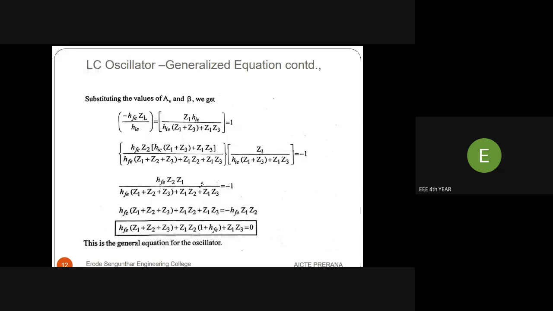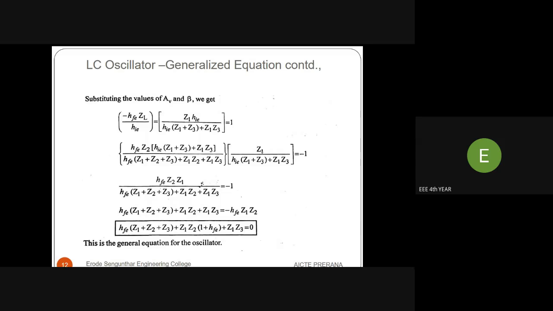Now substituting AV and beta value, we get minus HFE into ZL divided by HIE into Z1 into HIE, the term divided by HIE into Z1 plus Z3 plus Z1 into Z3, that is equated to 1.